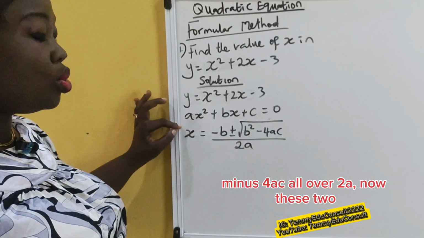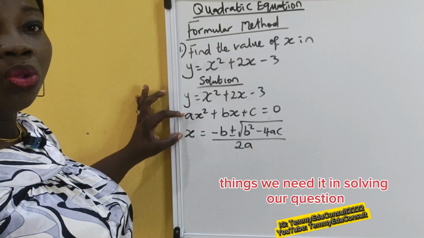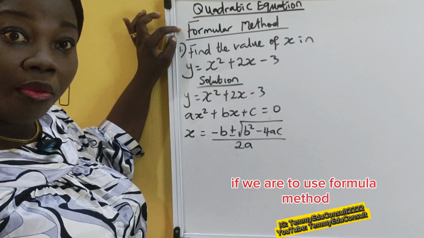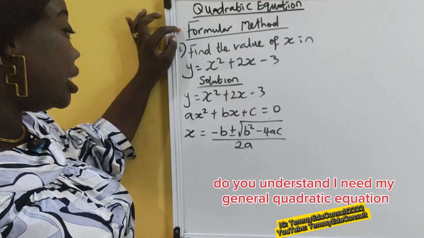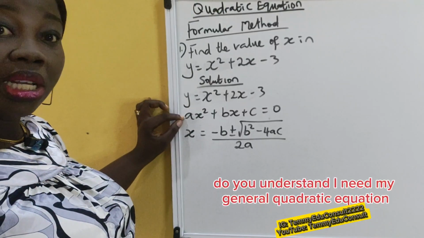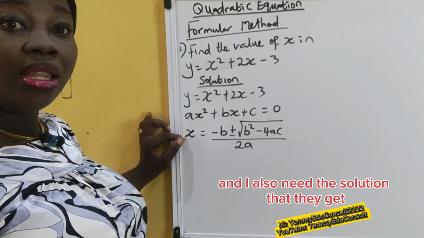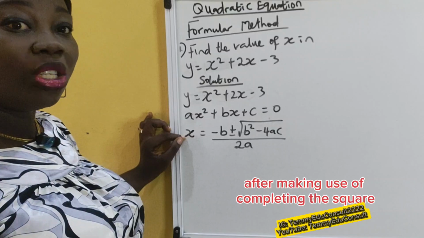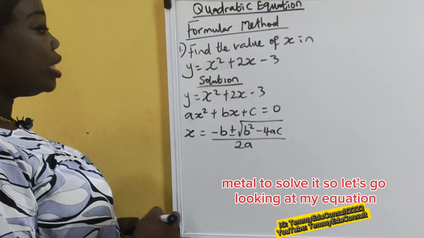Now these two things we need in solving our question if we are to use formula method. Do you understand? I need my general quadratic equation and I also need the solution that they get after making use of completing the square method to solve it. So let's go.